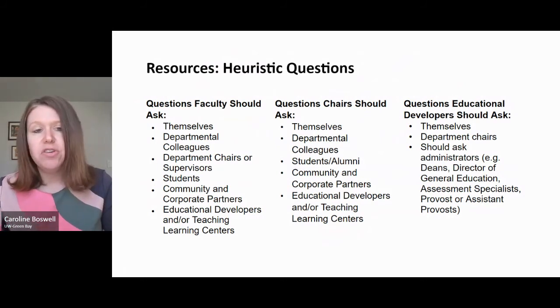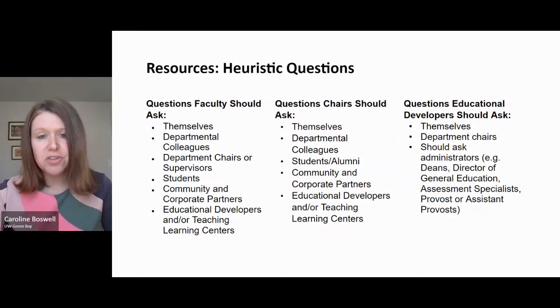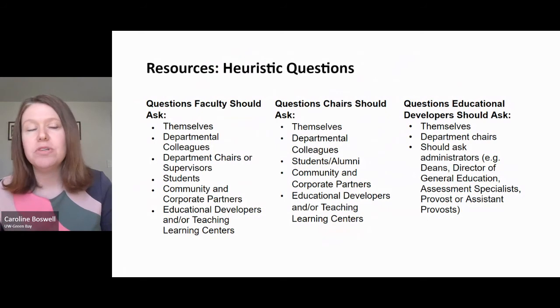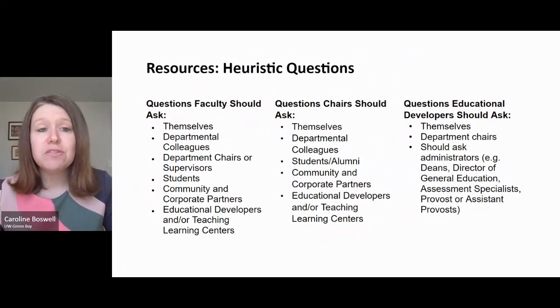So here's the case study. You could probably read it, or I'm going to go ahead and read it myself just to make sure we're on the same page. Again, this is a fictional case study, but it is an amalgamation of some research we've had. A year ago, your university created a task force to examine the state of the capstone.